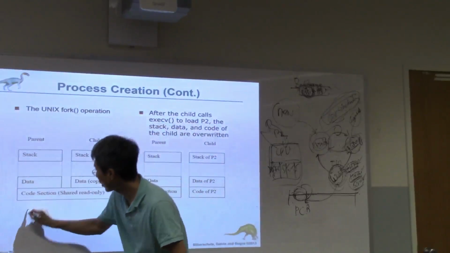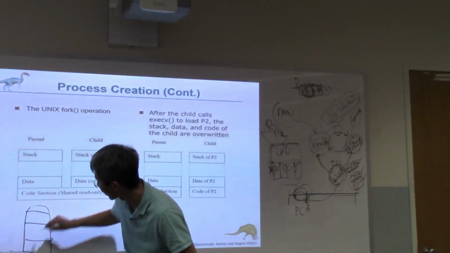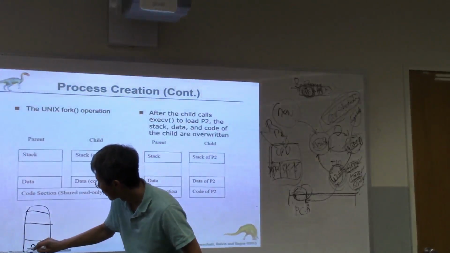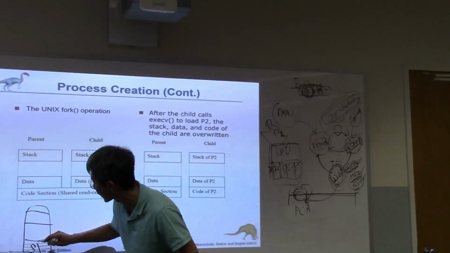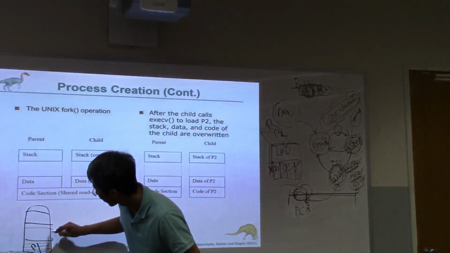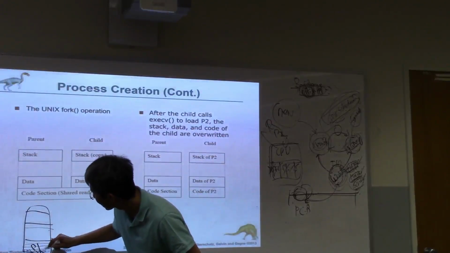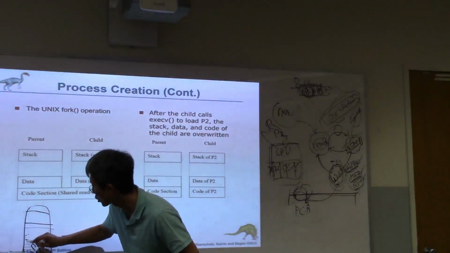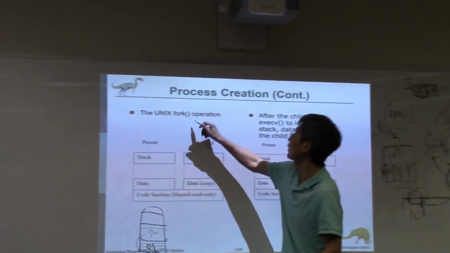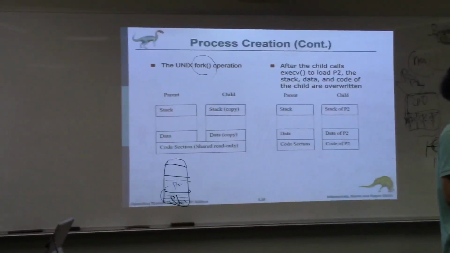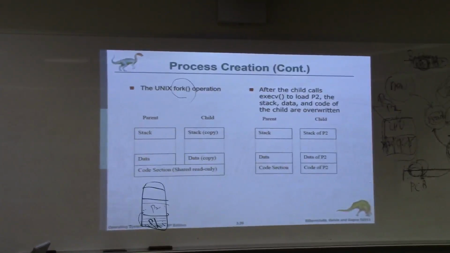Which means in your memory, this is your current process. Then this one has the data, the global variables, heap, and stack. And the copy is exactly the same thing, but this part will not be created, just shared with this one. It's a new process. This is called the fork operation. First, fork. Okay?